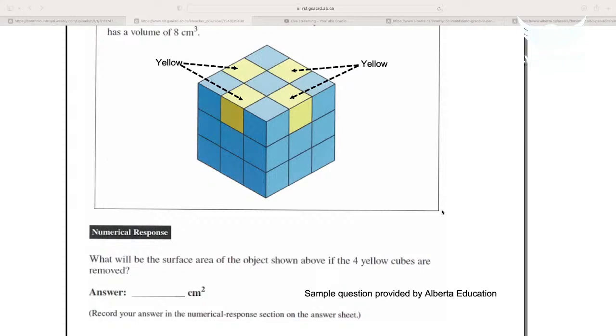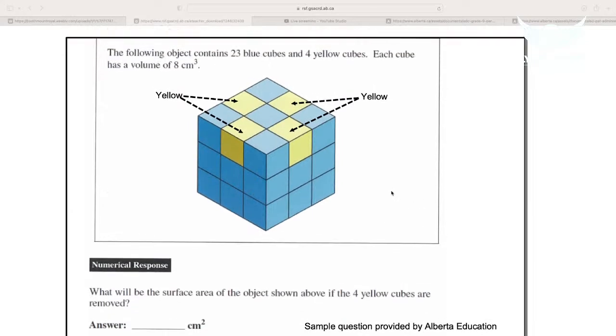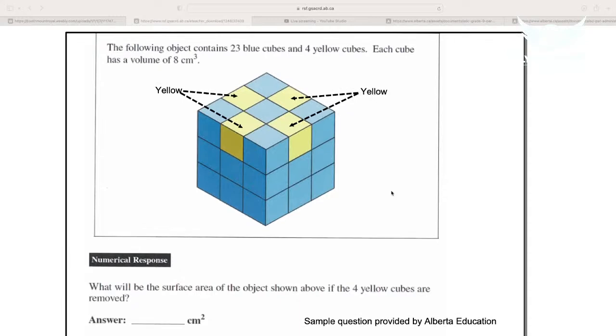Okay, so let's calculate the surface area of this cube, right, that's given to us. Each small cube has a volume of 8, which means the edge of each small cube will be 2.